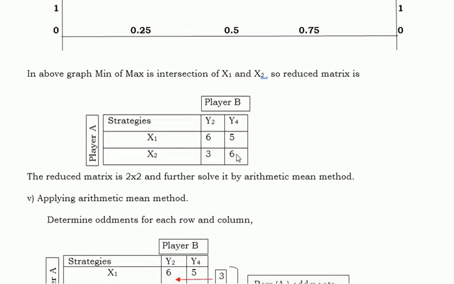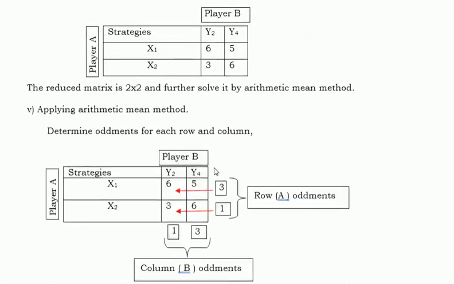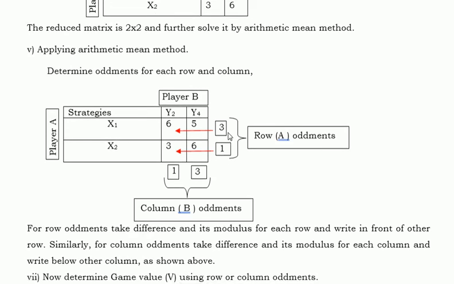Now the matrix is reduced to 2 by 2. Further, you solve it by the arithmetic mean method as usual, as you did in the previous class. Determine the row oddments. For the x1 row, the difference of adjacent entries is 3 minus 6, which is minus 3, and its modulus is 3.